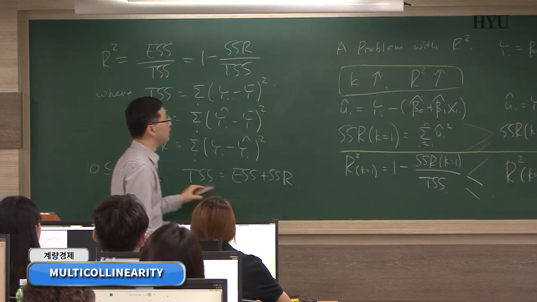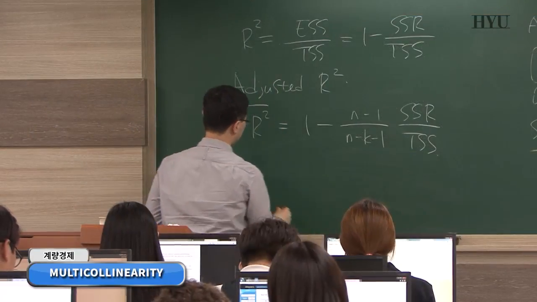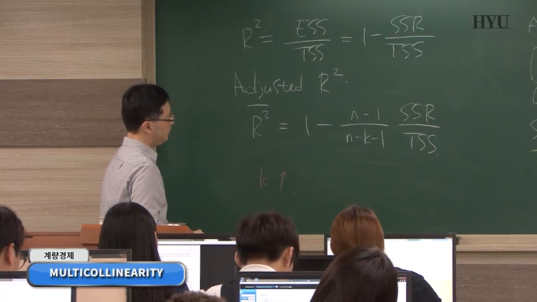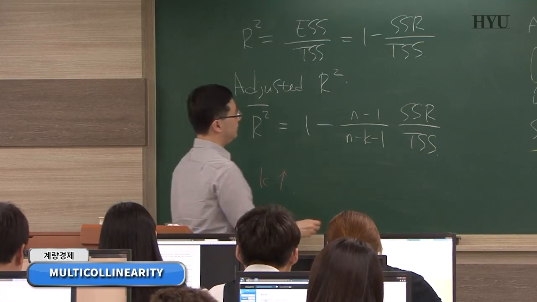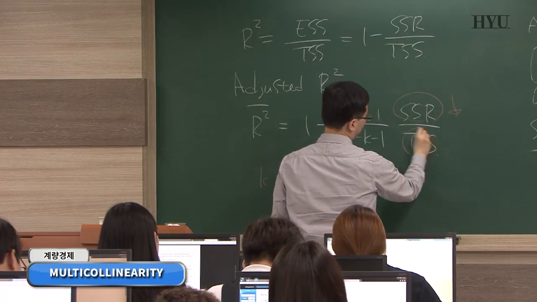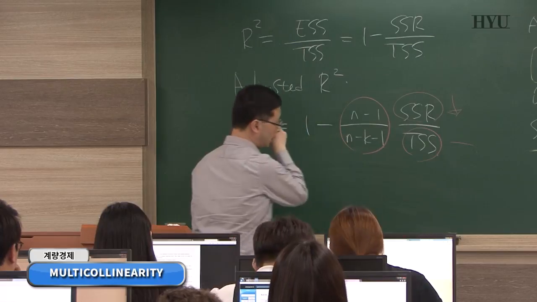We like to have something else that is more robust. Let's see what happens if somebody increases k, has more independent variables. Then SSR goes down, right? TSS stays the same. What happens to this?